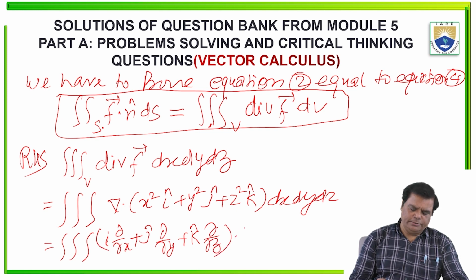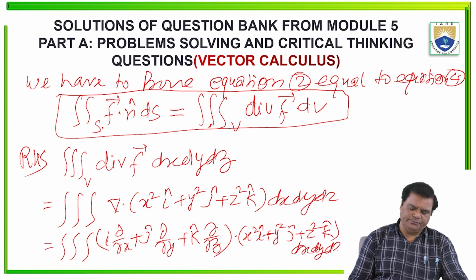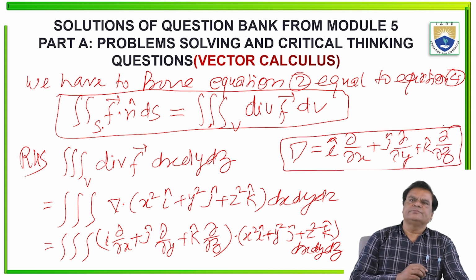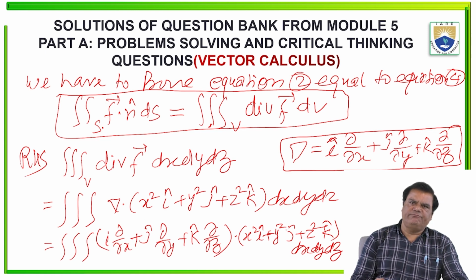And here dot x square i plus y square j plus z square k, and dx dy dz, where del is equal to i dou over dou x plus j dou over dou y plus k dou over dou z. This is the value of del. Now we put here the value of del, and this is the function f, vector point function, dx dy dz.